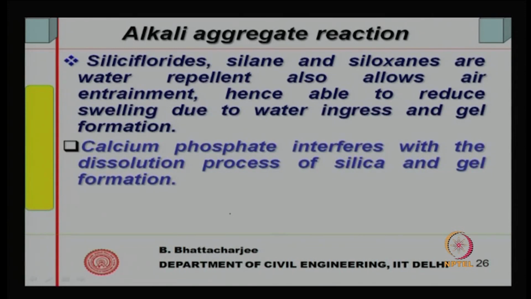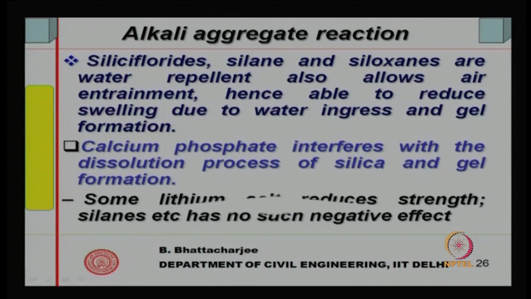So, they are used in water repelling, as I told you, waterproofing systems. Calcium phosphate interferes with the dissolution process of silica and gel formation. These are some other materials used as alkali aggregate reaction inhibitors. Some lithium salts reduce the strength, but silane etc. has no such negative effects.